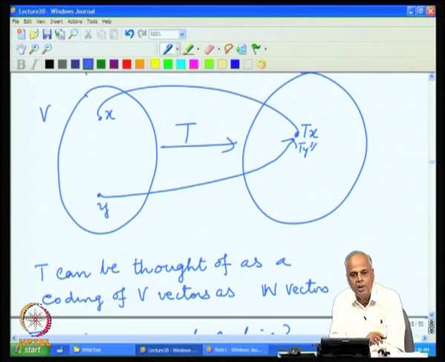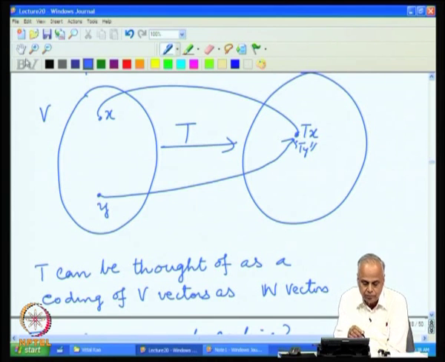Then we would have coded the vector x as T x, and the vector y also as T y, and therefore, if at any time we have to decode, we will be in confusion whether to decode this point as x or whether to decode this point as y.